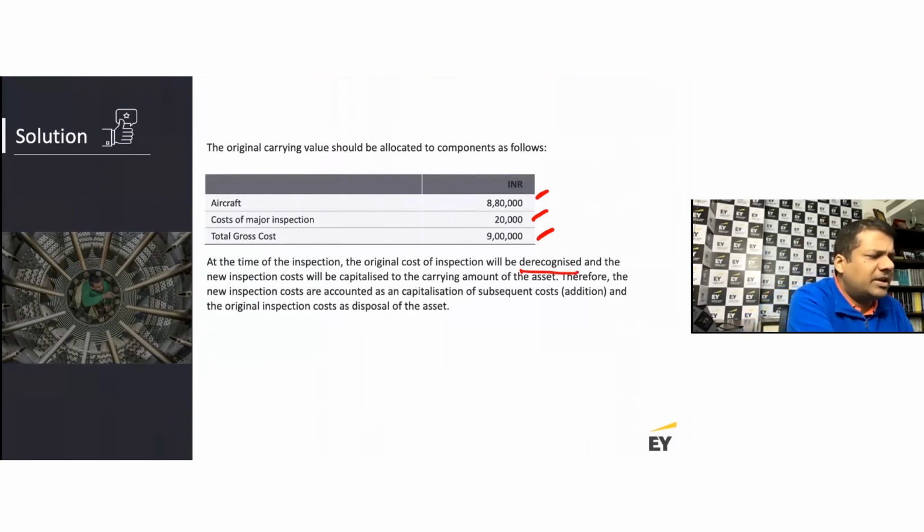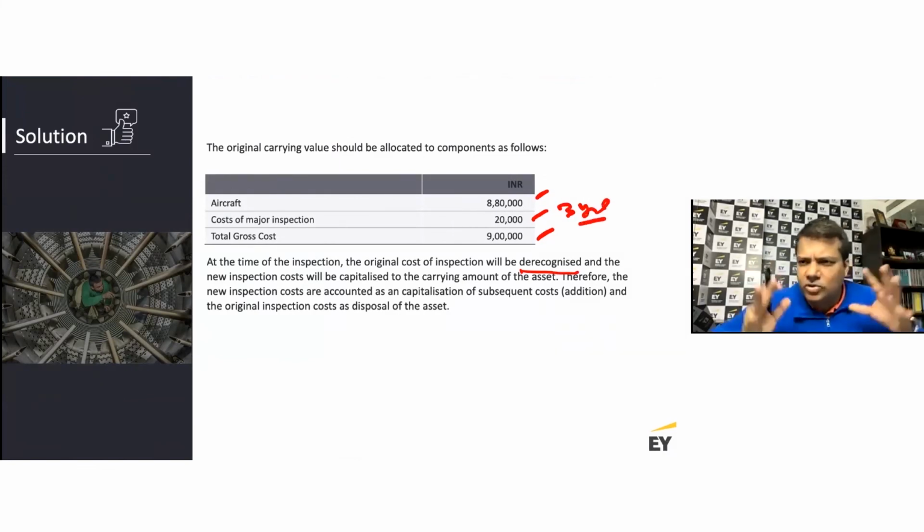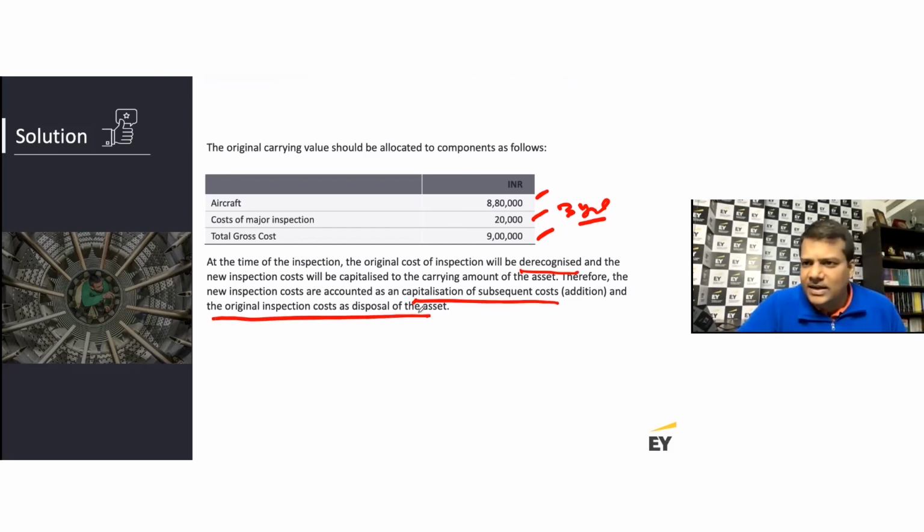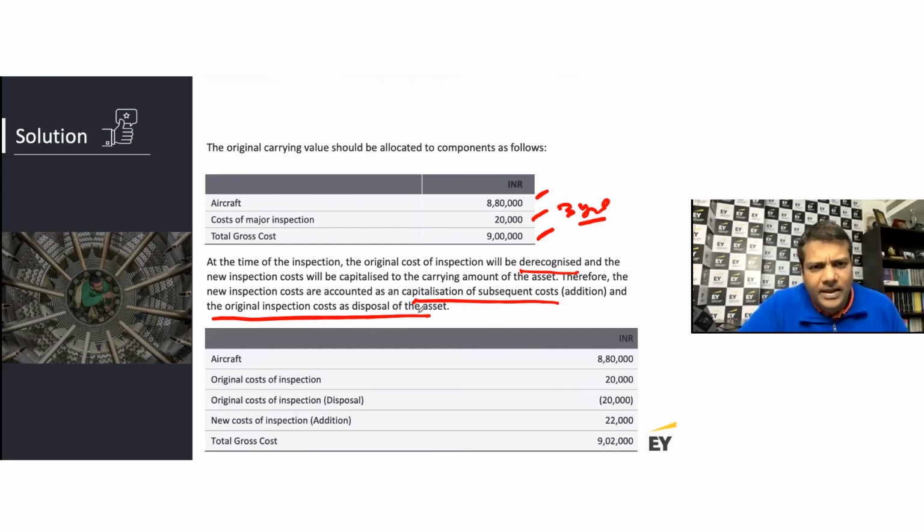This needs 3 years of depreciation, but we are just talking about the gross here, not the amortization charge. The new inspection cost will be capitalized to the carrying amount of the asset. Therefore, the new inspection costs are accounted as a capitalization of subsequent cost, and the original inspection cost as a disposal of the asset.